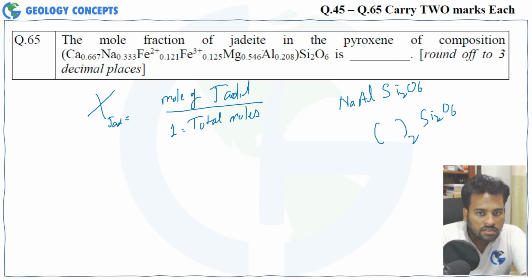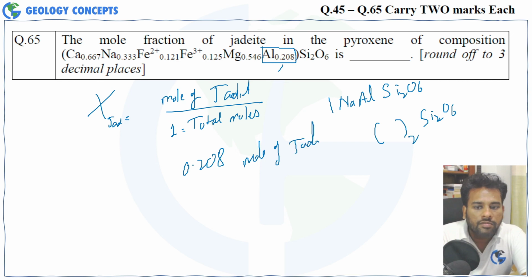So this whole aluminium 0.208 is present in the jadeite. So 1 mole of jadeite will have 1 mole of aluminium, so 0.208 moles of jadeite will give you 0.208 moles of aluminium.